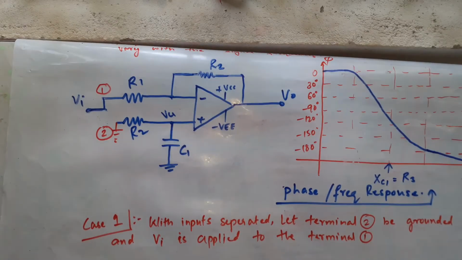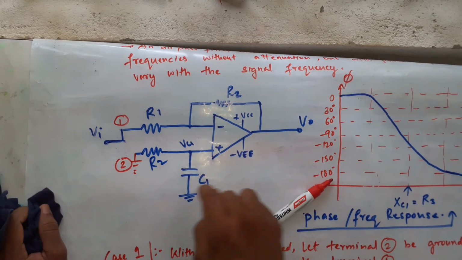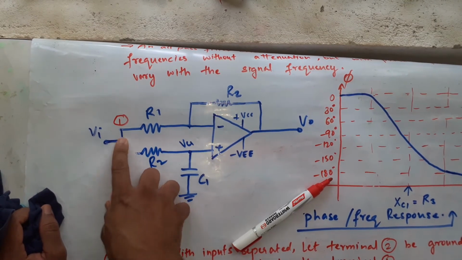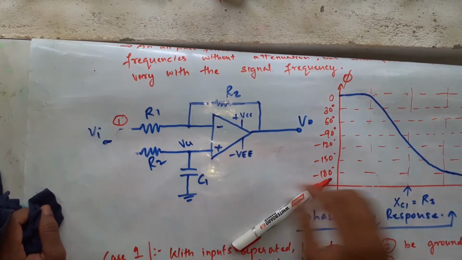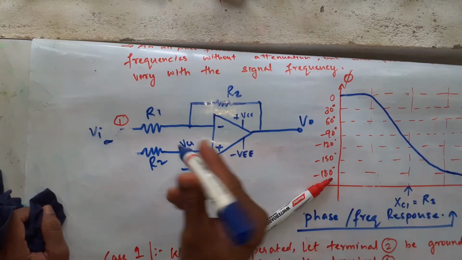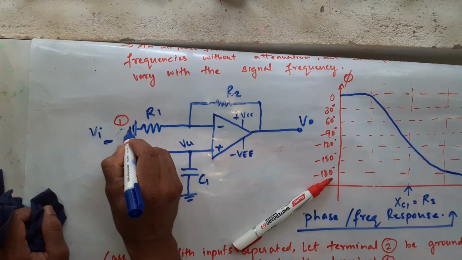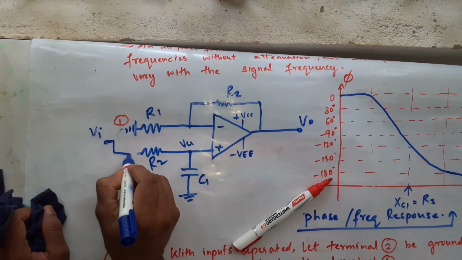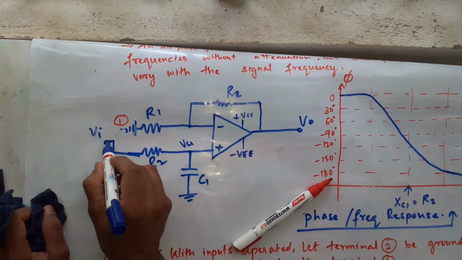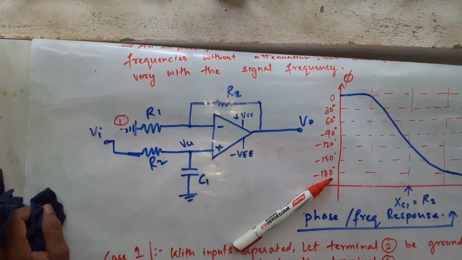How is the circuit going to alter? The circuit will be, this will be grounded, and V in is supplied to the non-inverting terminal.